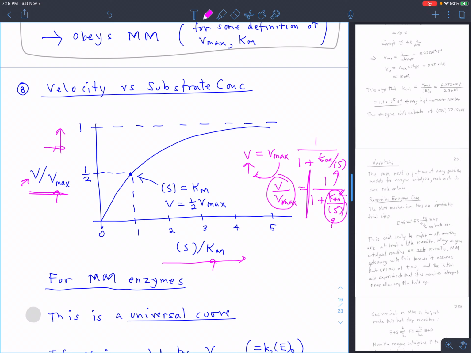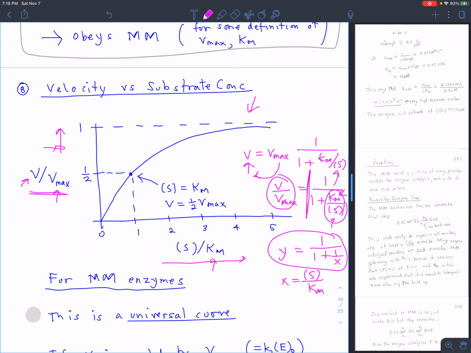In other words, if I wrote this as y is equal to 1 over 1 plus 1 over x, where x is equal to S over Km, then that curve, which is a pure mathematical curve, is universal for all Michaelis-Menten mechanisms.